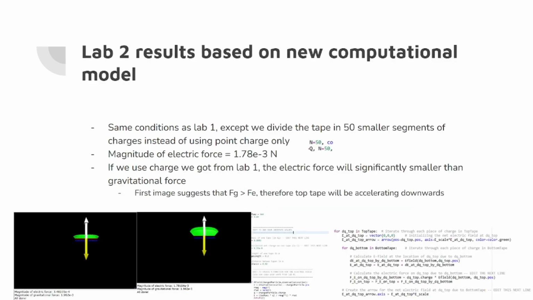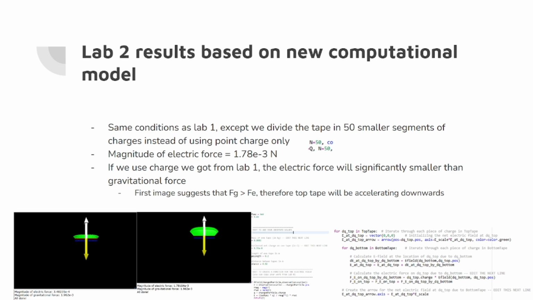Now we have a new computational model. The end goal here is to see how lines of charges are different from point charges. First, we will divide the tape into multiple segments. I divided it into 50, and when I run my code, I got 1.78 times 10 to the negative 3 newtons for electric force, which is a little bit under the magnitude of the gravitational force.